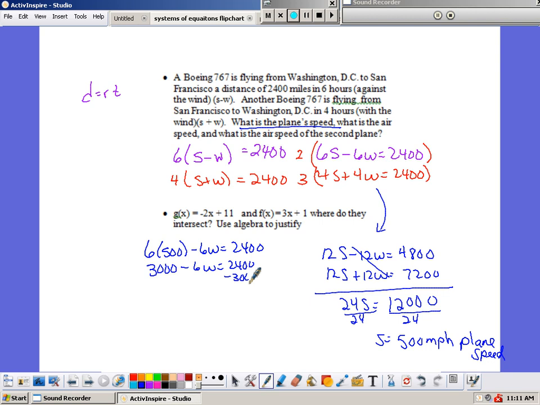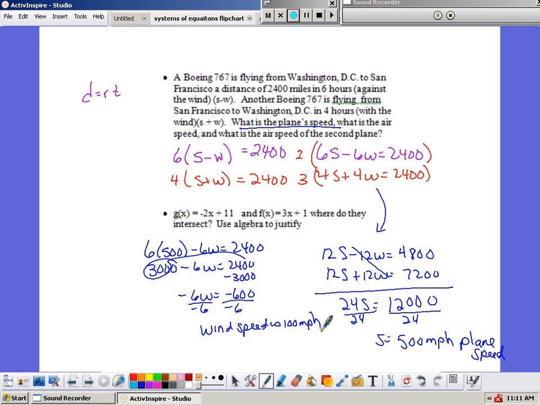Move my 3,000. Negative 6w equals negative 600. Divide by negative 6. The wind speed is 100 miles per hour.